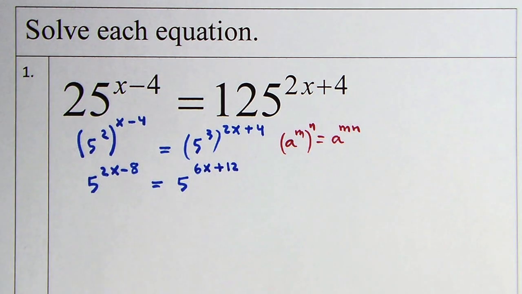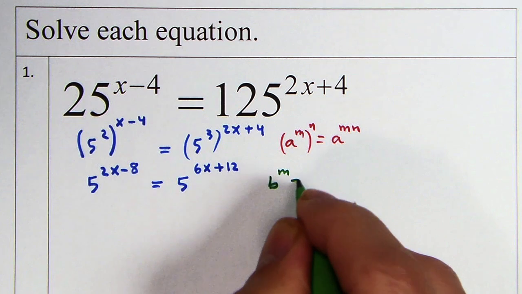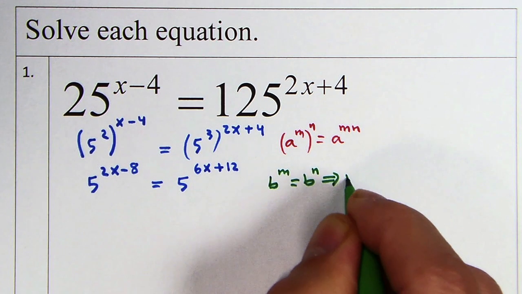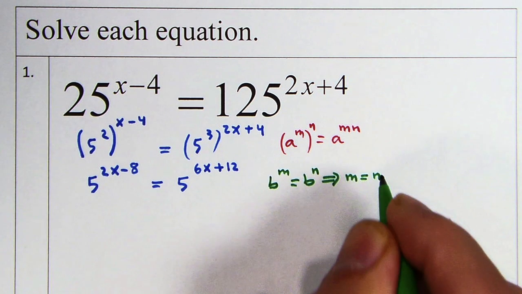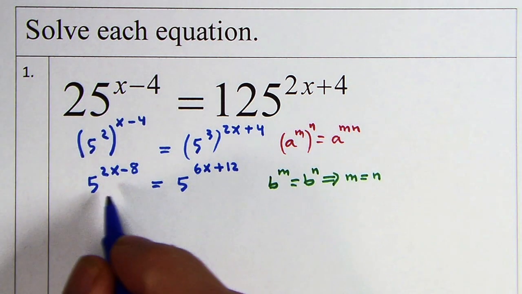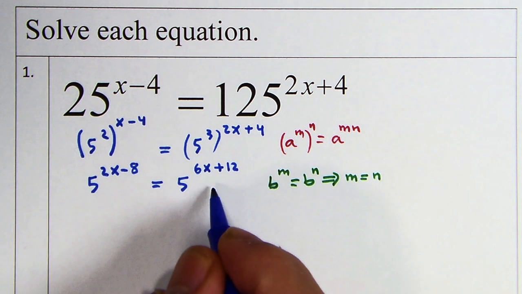There's another formula that says b to the power m equals b to the power n implies that m equals n. So we have the same bases and the powers are equal.